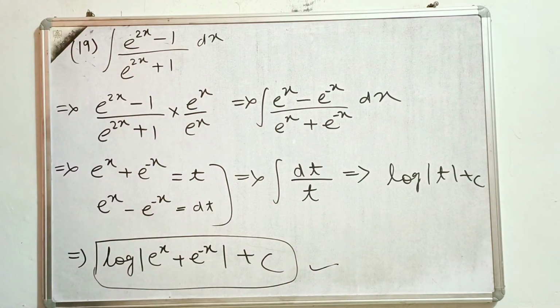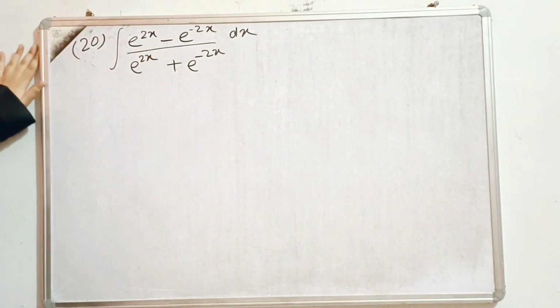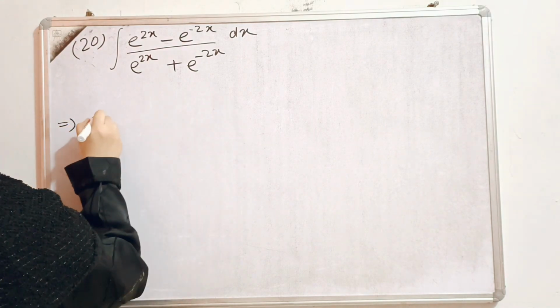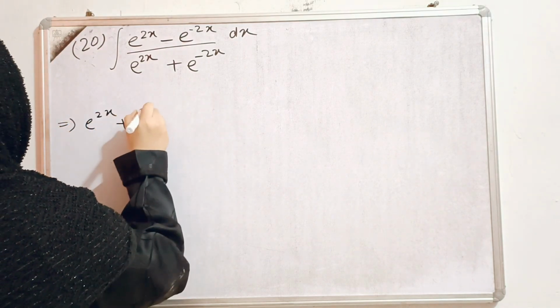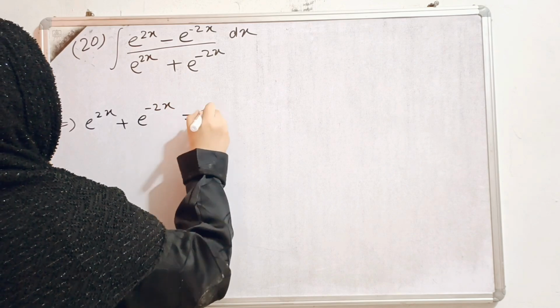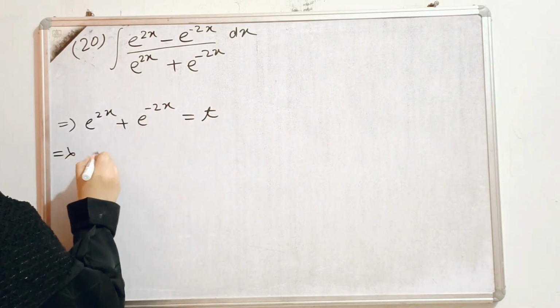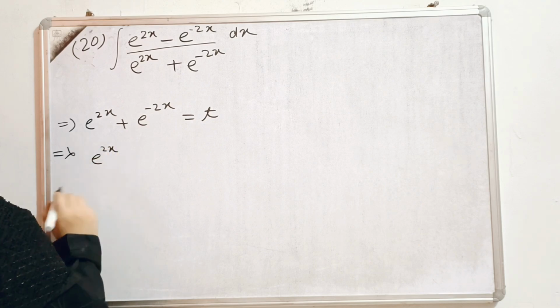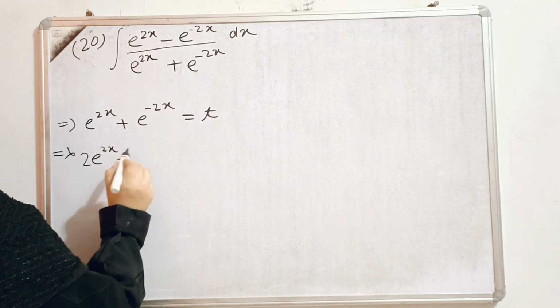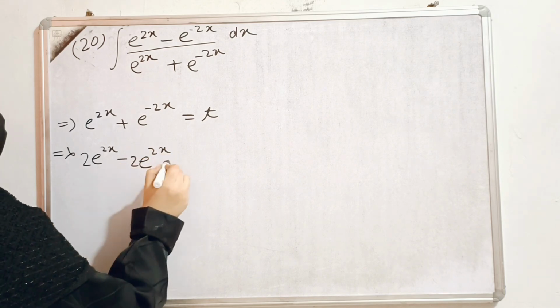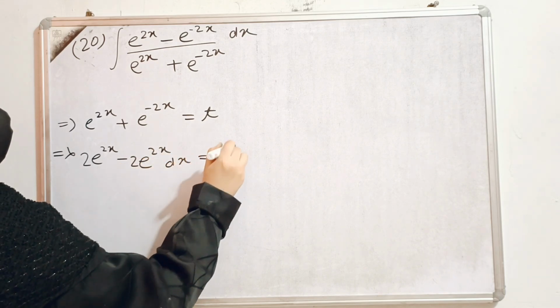Okay, scholars. Question number 20. Integrate this function. So let e of 2x plus e of minus 2x equal to t. Differentiation with respect to x, we get e of 2x times 2 minus e of minus 2x times 2 dx equal to dt.